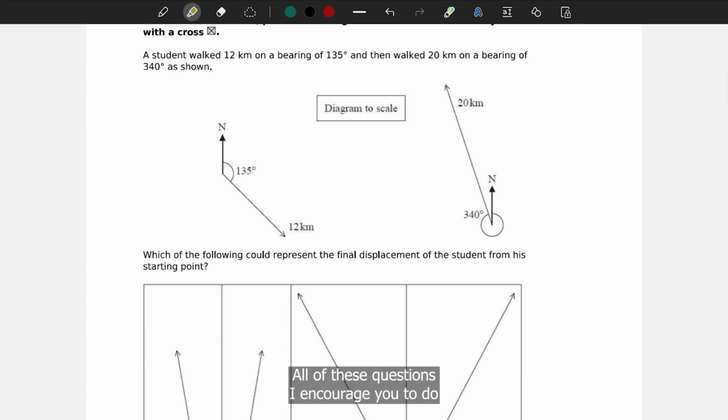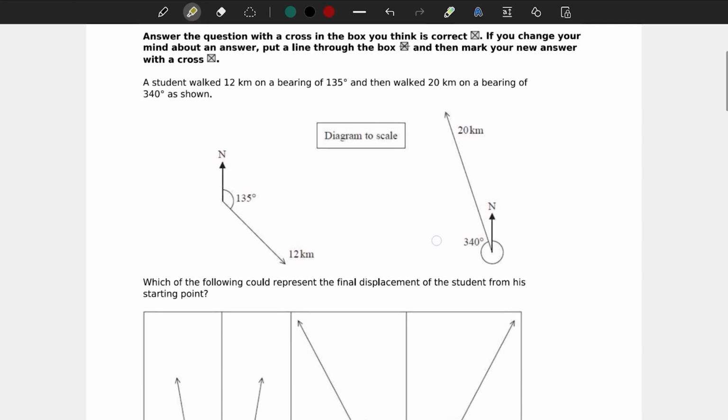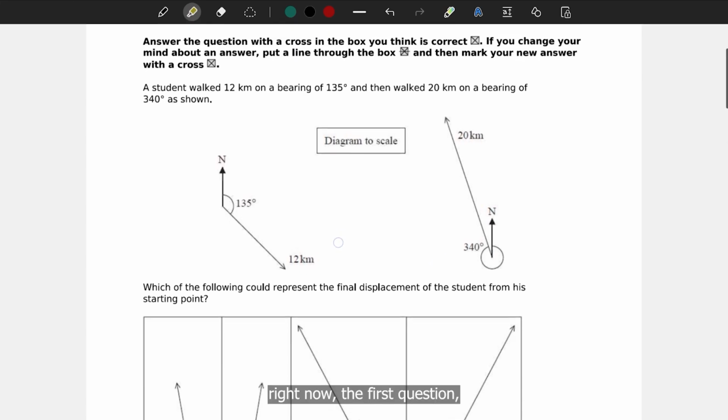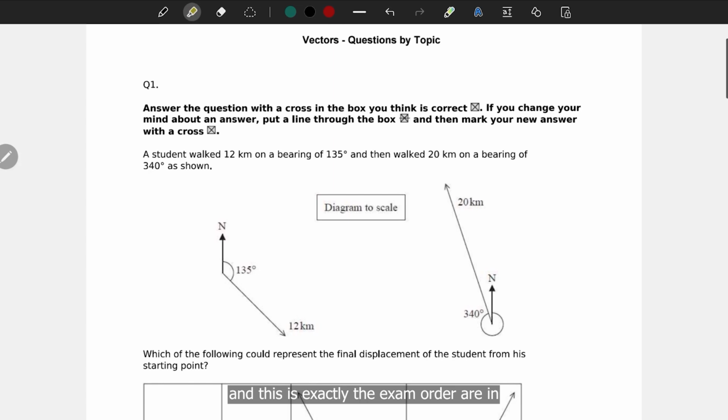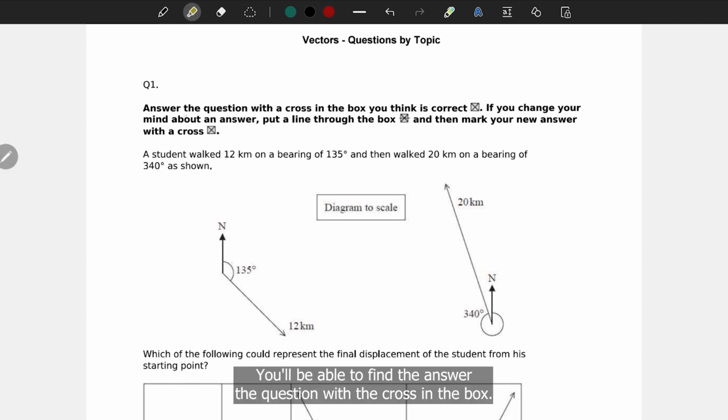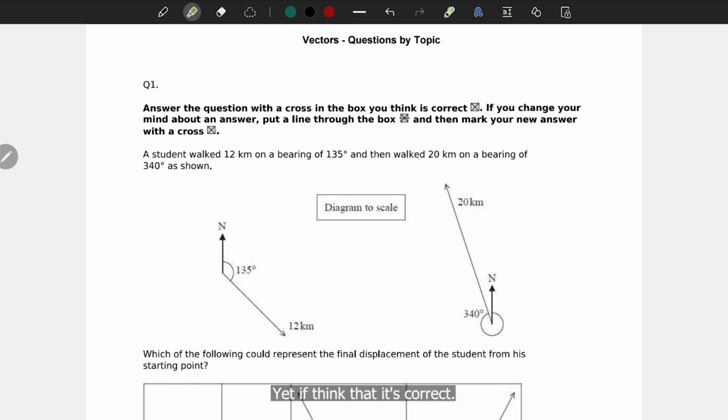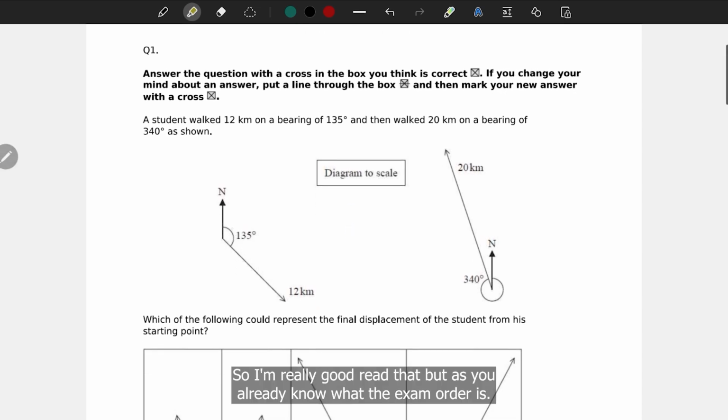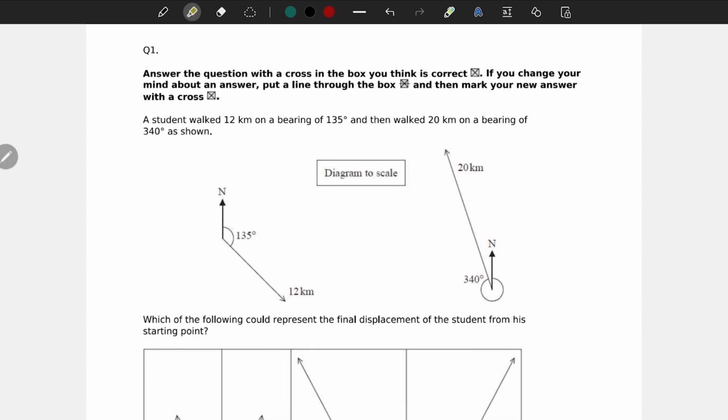All of these questions I encourage you to do, and I'm going to discuss some of them with you now. This is exactly the exam order. Edexcel A-level MCQs usually follow this standard order. You mark the answer to the question with a cross in the box if you think that it's correct. I'm not going to read that part, as you already know what the exam order is.